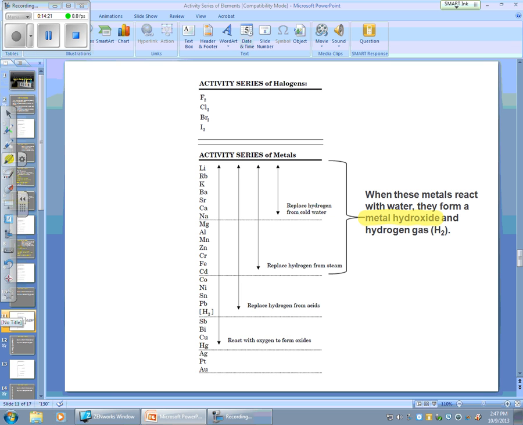Now hydroxide, that's OH negative. If you need to write OH negative there beside it, please do so. Might be a good reminder. And hydrogen gas. So it's going to produce those two things, and then we'll be able to complete the reaction.